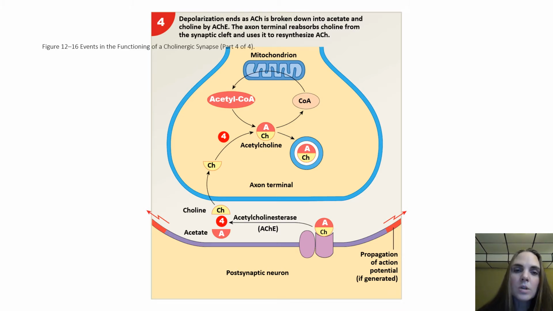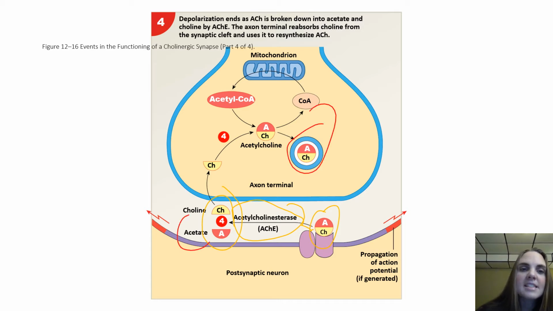And then that acetylcholine is going to get removed from that ligand-gated channel by an enzyme called acetylcholinesterase. The acetylcholine is then going to get broken into choline and acetate, and the choline is going to be taken back up by the axon terminal, and it's going to combine with something called acetyl-CoA to make more acetylcholine and then get stored in the vesicles again for future use.